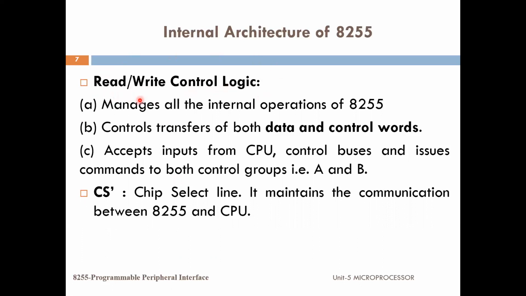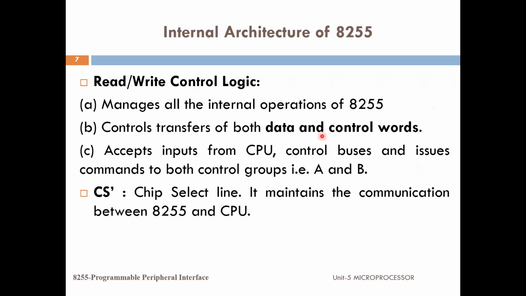This particular component is responsible for managing all the internal operations of the 8255. It controls the transfer of the data and the control word. I've used two terms here, the data and the control word. Data is that data that needs to be exchanged between the microprocessor and the peripheral devices, whereas the control word contains that information that is responsible for performing the internal operation, like whether the read operation or the write operation will be performed, which port will be used as input or output, and which mode is active.